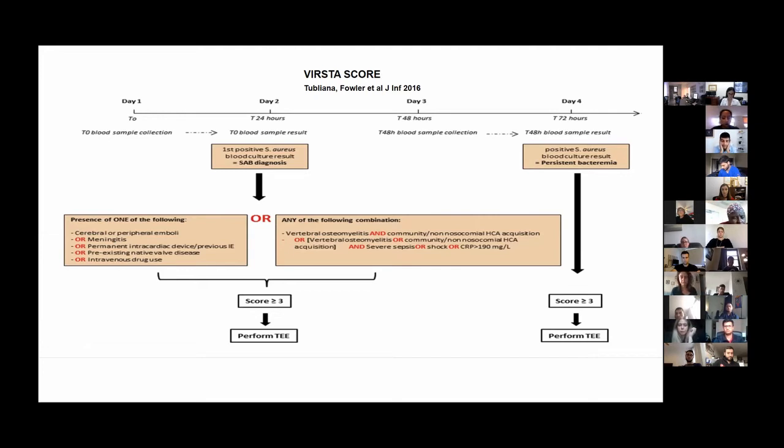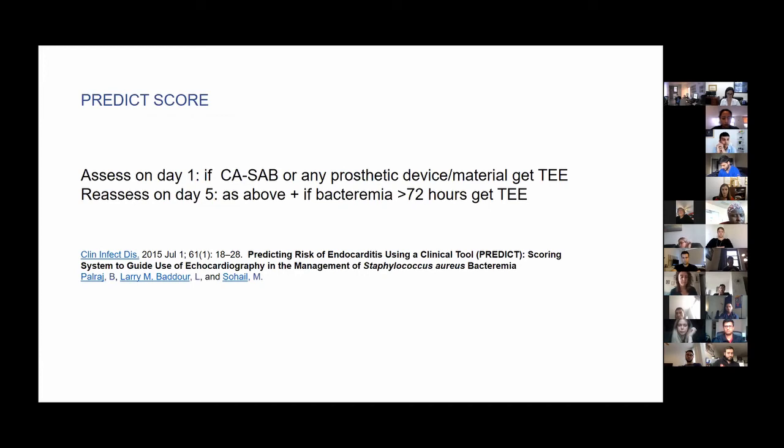And the next slide is called the PREDICT score. And Larry Baddour, who does a lot of our guidelines, like the AHA guidelines for endocarditis, is a big name in guidelines.